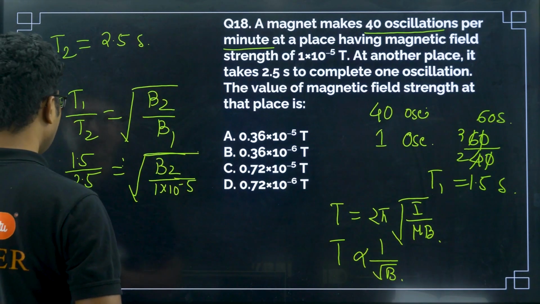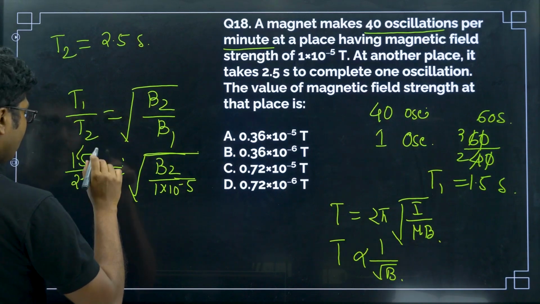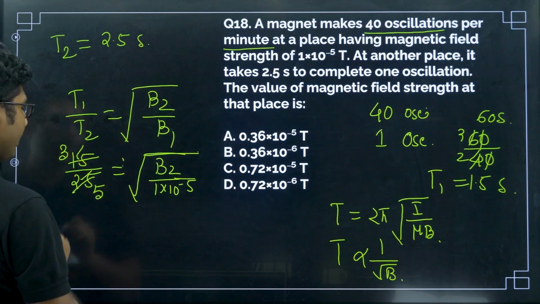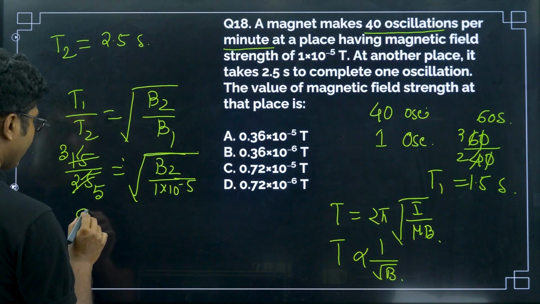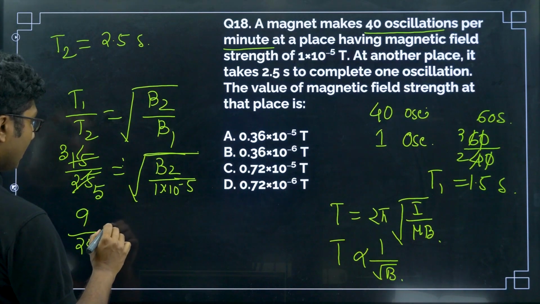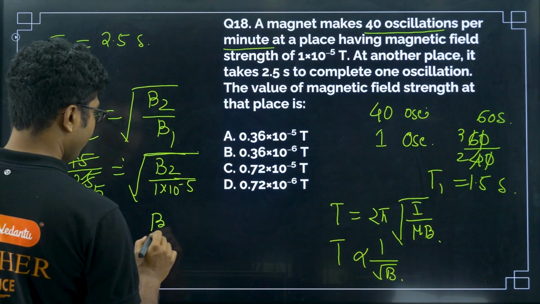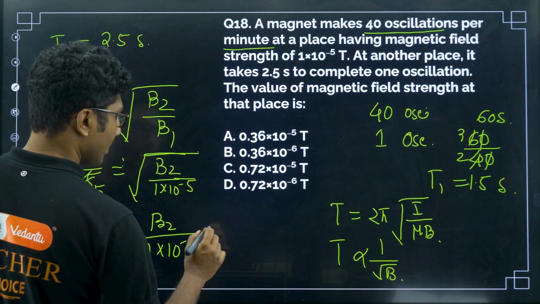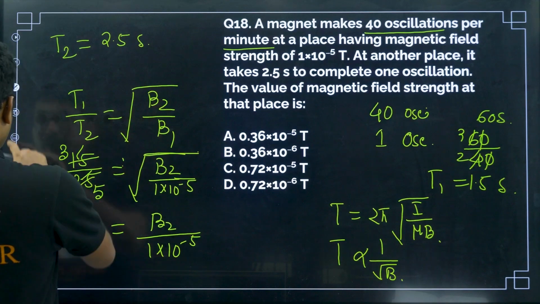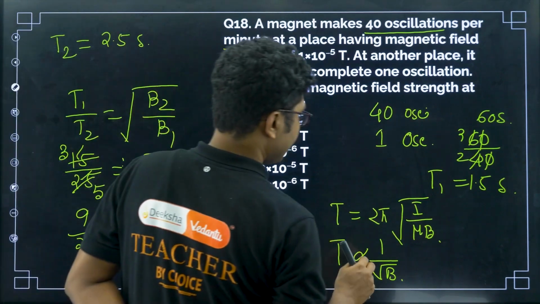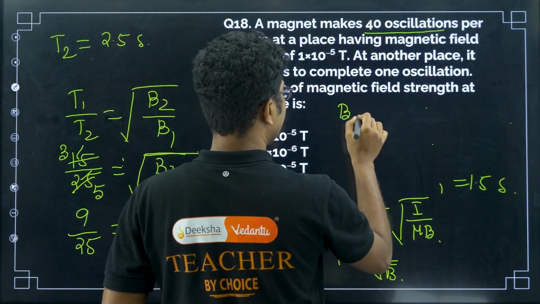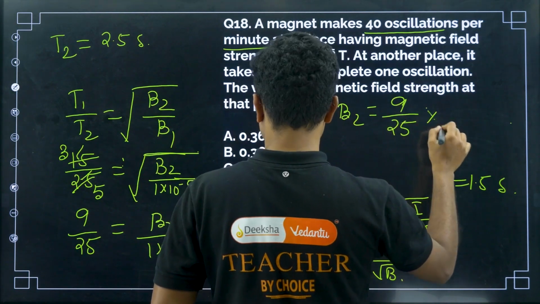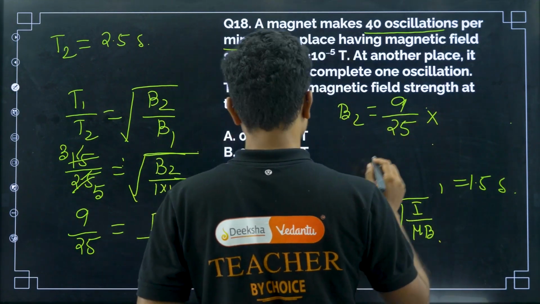So let us solve this. 3 5s are 15, 5 5s are 25. Now square both sides. So 9 by 25 is equal to B2 divided by 1 times 10 to the power of minus 5. So B2 is basically 9 by 25 times 10 to the power of minus 5.